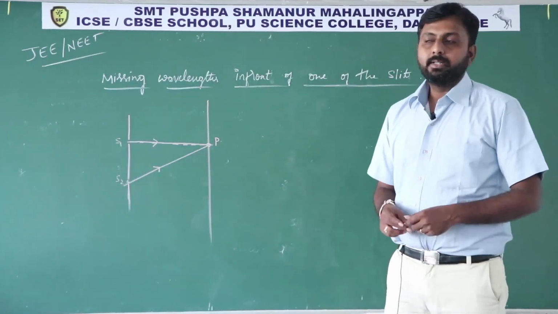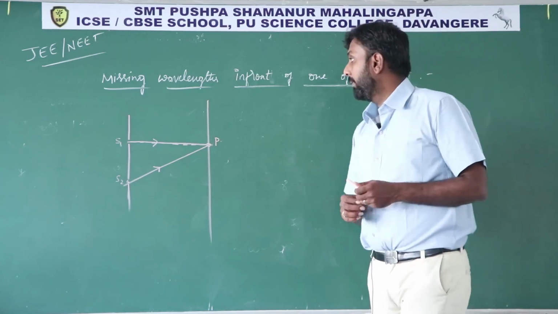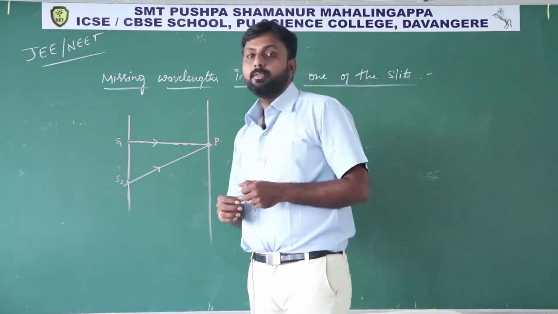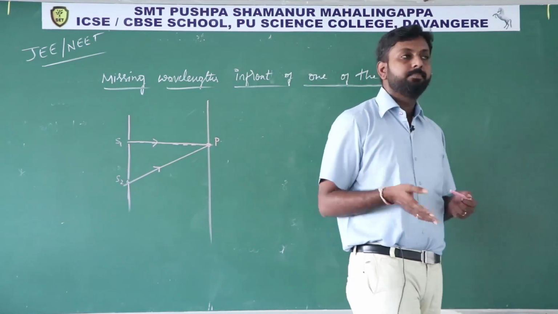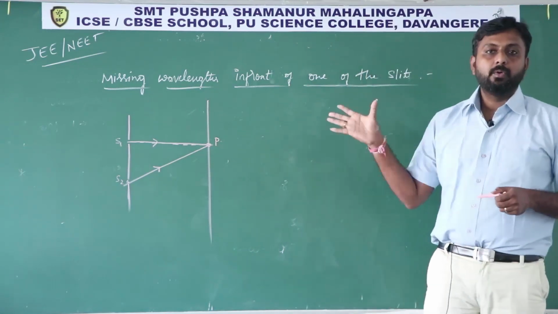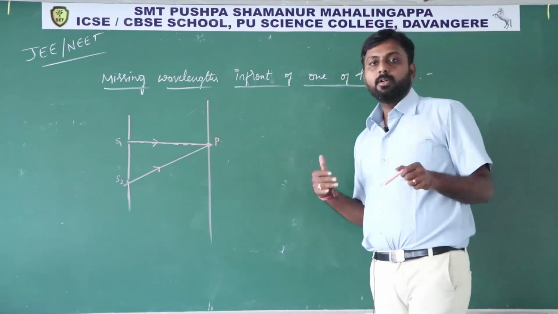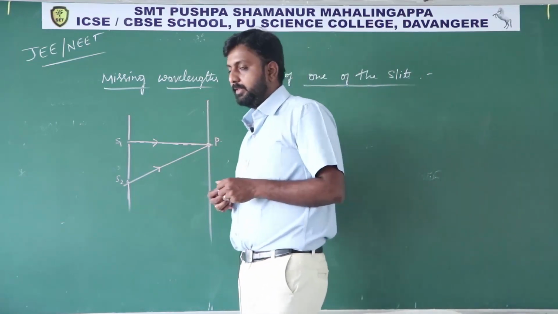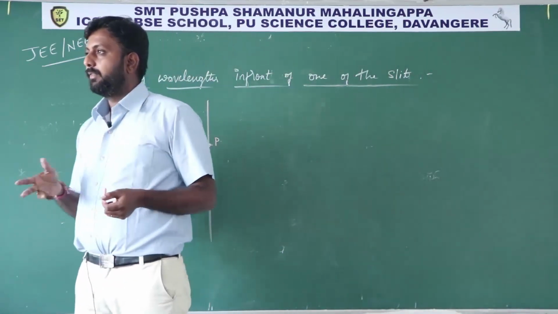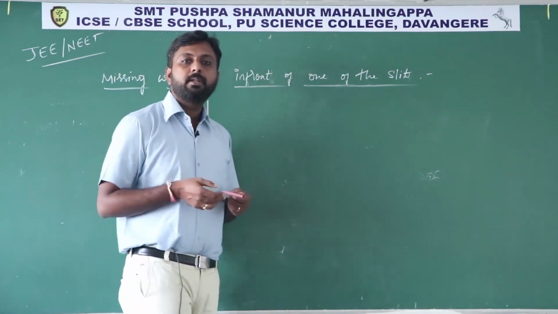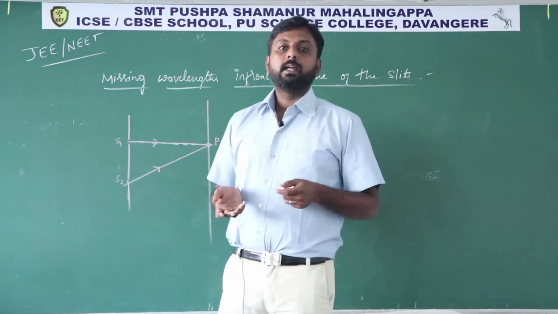Then what is meant by missing wavelength? Suppose light consists of more wavelengths. Up to now you have studied monochromatic light, that means a single wavelength. If you consider white light, it consists of many wavelengths.